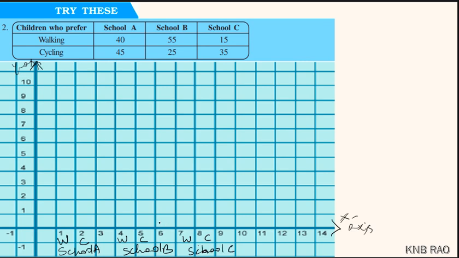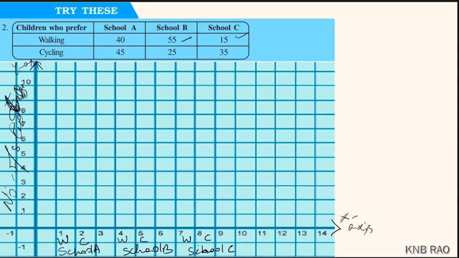And here, since I am taking the number of students on the y-axis, let me take the minimum value as 15 and the maximum value as 55. So I can consider all being multiples of 5s.